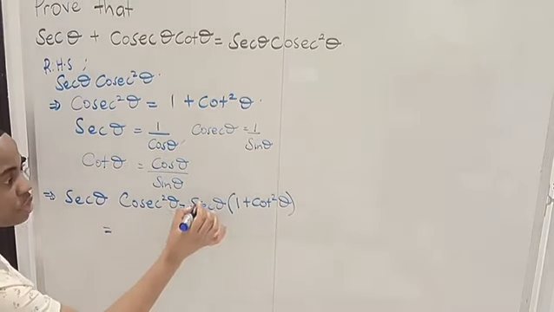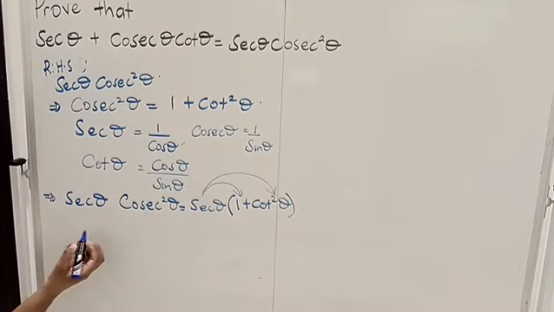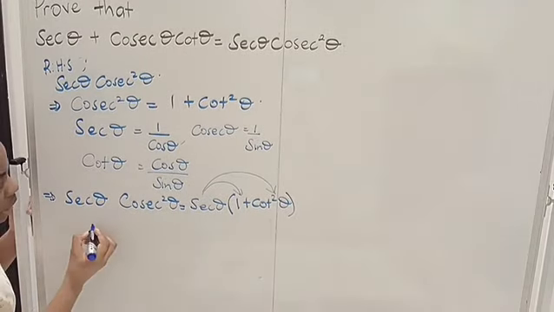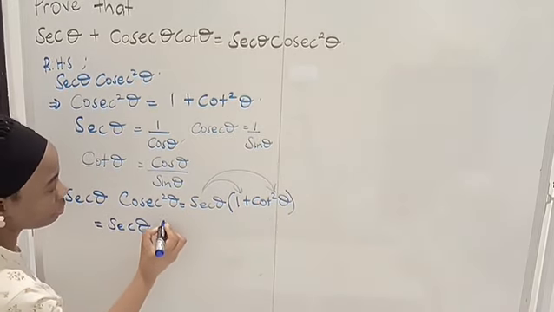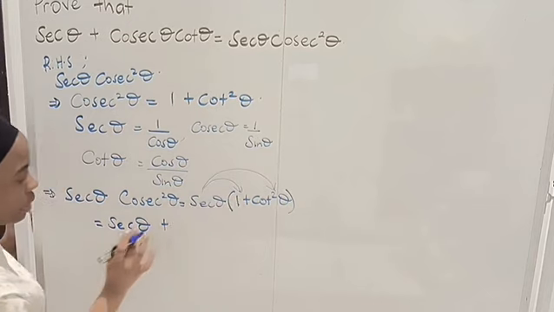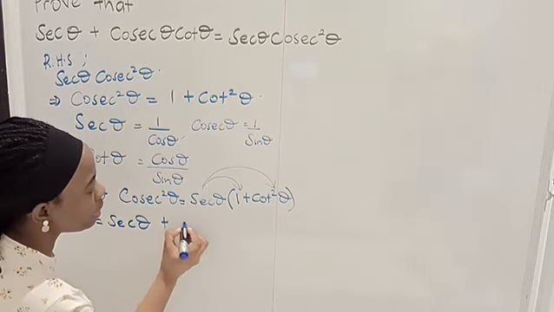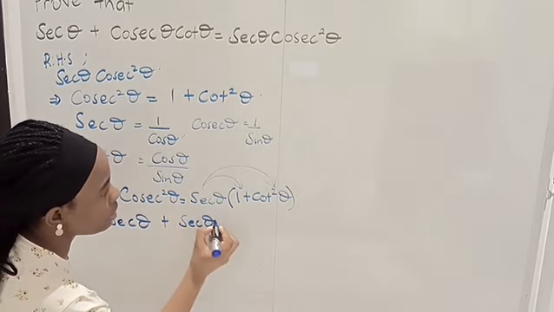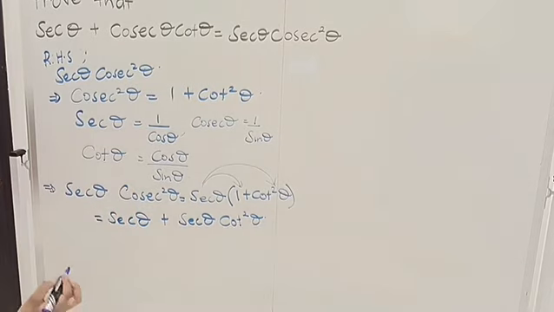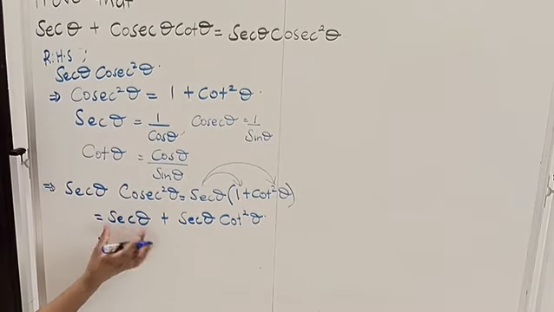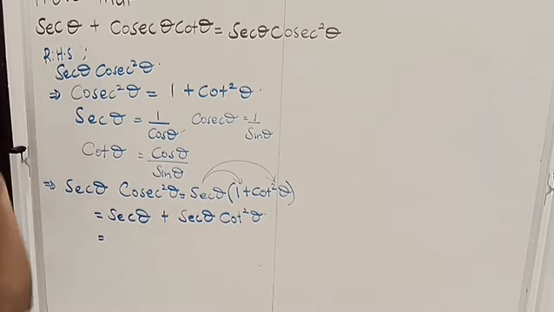This is equal to, you distribute this sec throughout. Now let us distribute this one. We shall have sec theta times 1 is sec theta, plus sec theta times cot squared theta, you get sec theta cot squared theta. Now, I need sec to remain in the expression because I have it here.